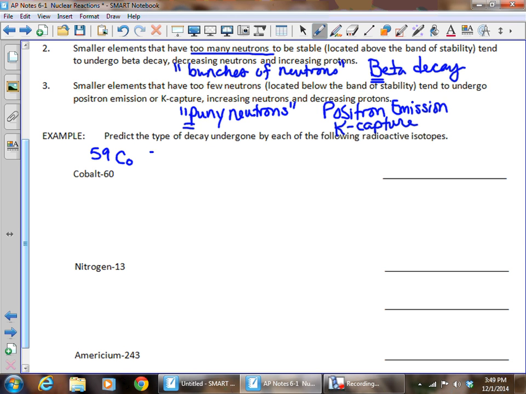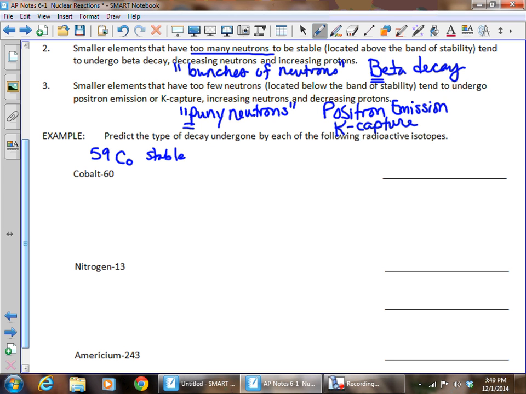Cobalt is stable. That's the weighted average. Remember the atomic mass, the weighted average of the masses of those nuclides, of all the isotopes of cobalt. So 59 is considered stable, or it's where the average is. But this has cobalt 60.